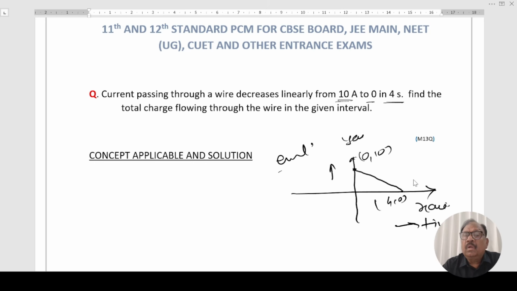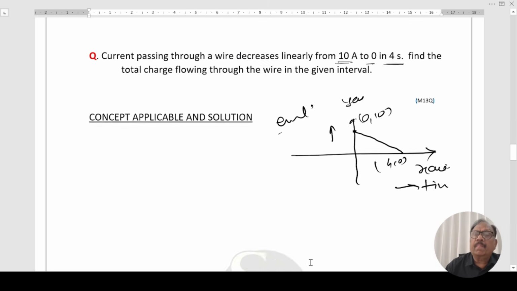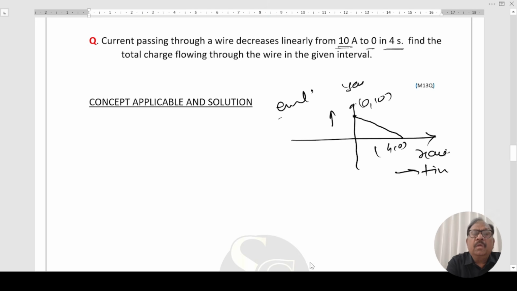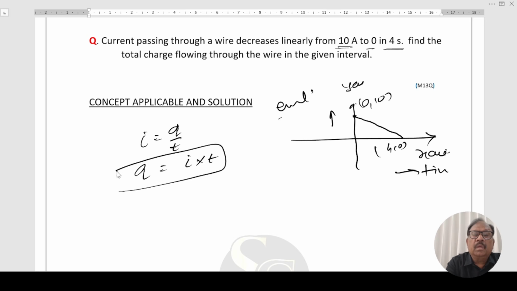Now, in this case, I equal to Q by T. We have to find the charge flowing through the wire: Q equal to I into T. This is the product.